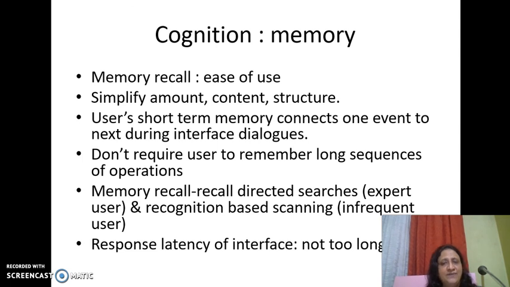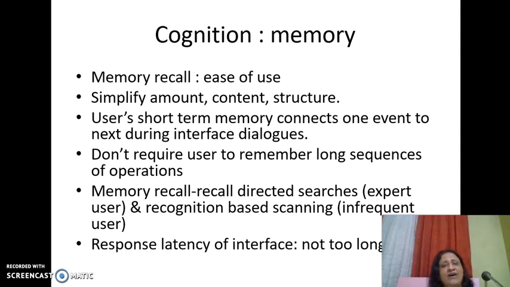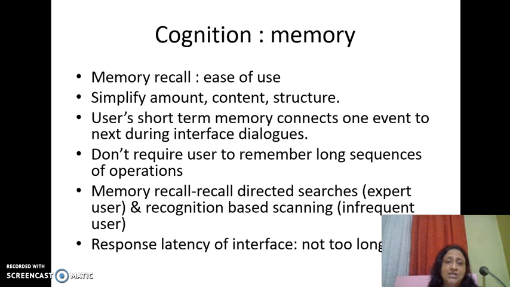That means the short term memory of the user is connecting from one event to the next event during interface dialogues. And the user can remember up to 5 events. That is statistical data, what an average user can remember. So we should always provide short-term memory events or menus when switching from one event to the next.